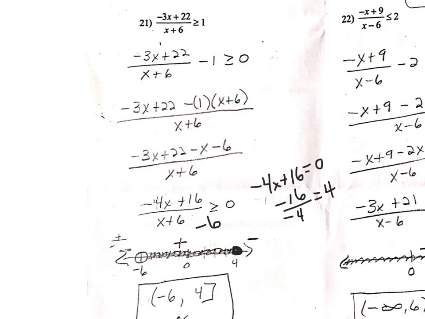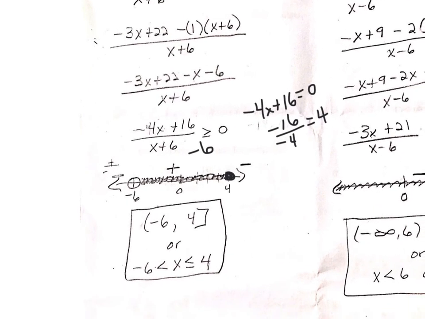I also checked the outsides just to make sure. So I checked it with the number 5, and I checked it with the number 7. And both of these gave me negative results. So I know that the outsides are going to be negative, so they're not going to be part of my solution set. So the way I write my solution set is like this.